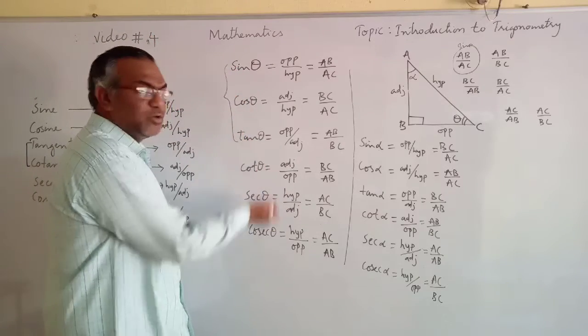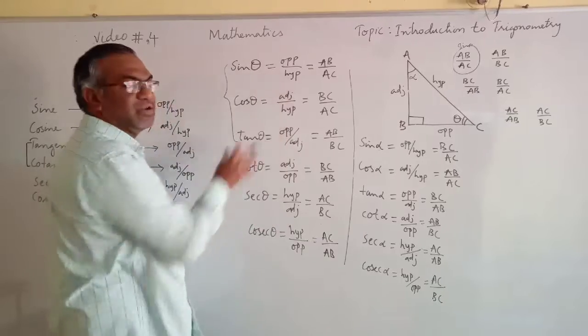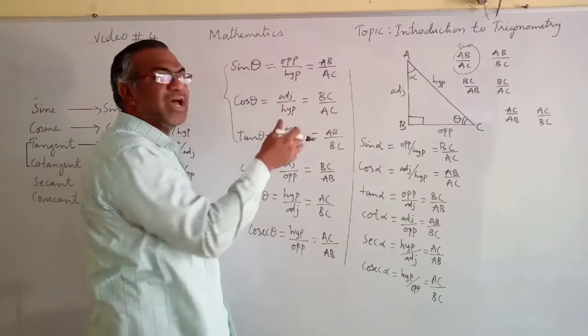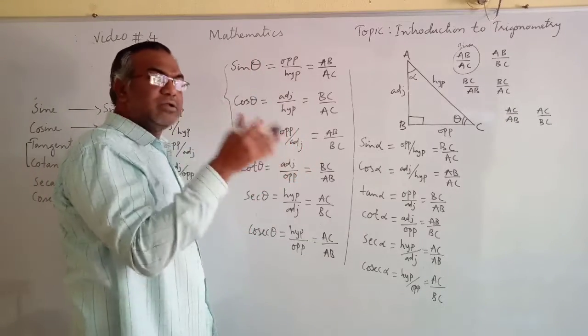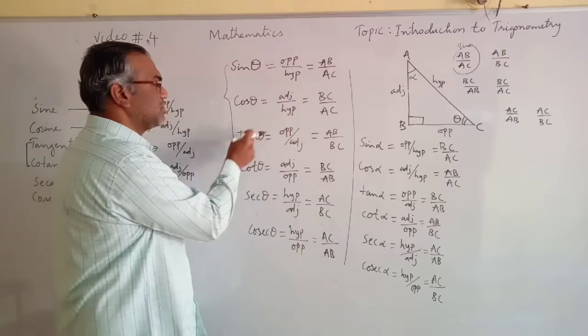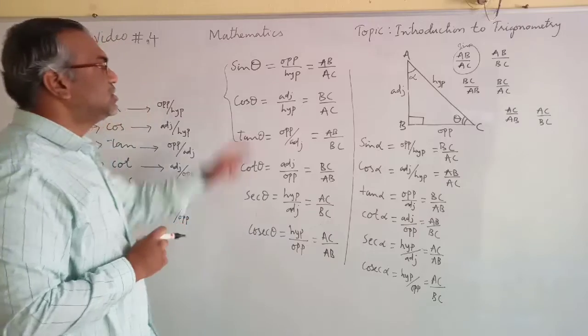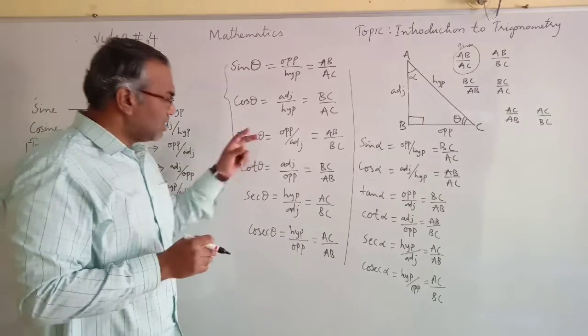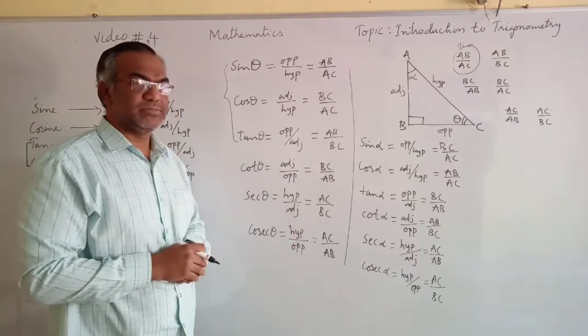The remaining three are the reciprocals of these three. So memorize by heart: sine, opposite by hypotenuse; cos, adjacent by hypotenuse; tan, opposite divided by adjacent. Then the remaining three you can easily write.